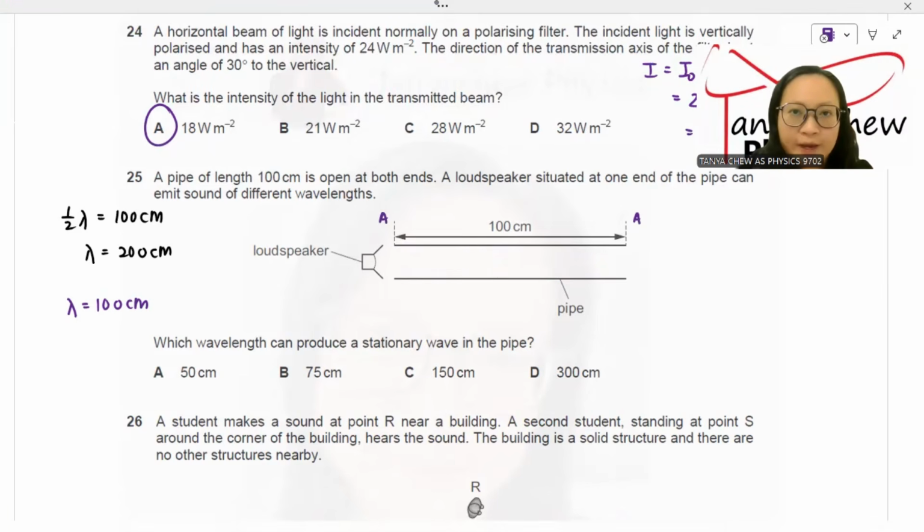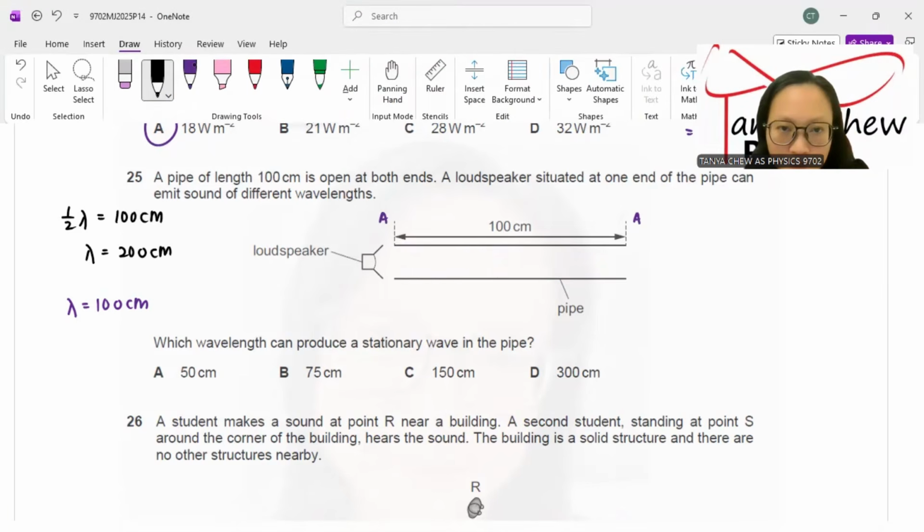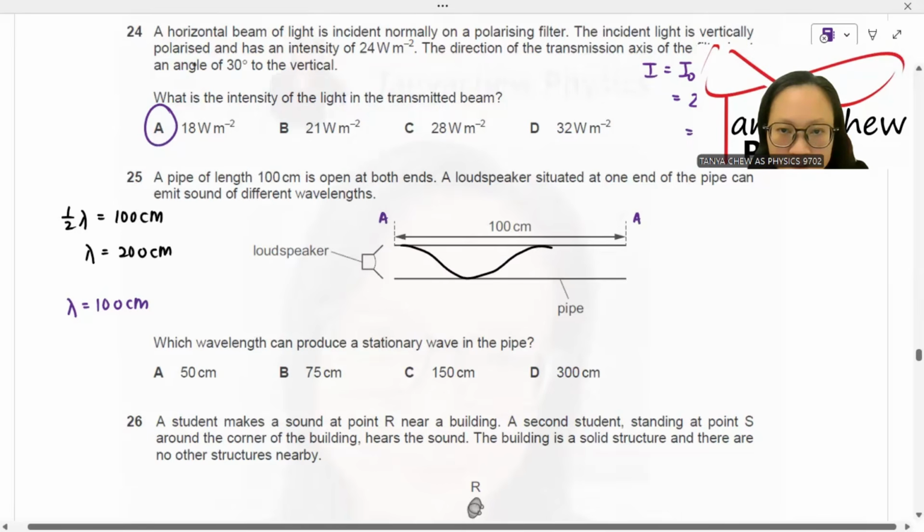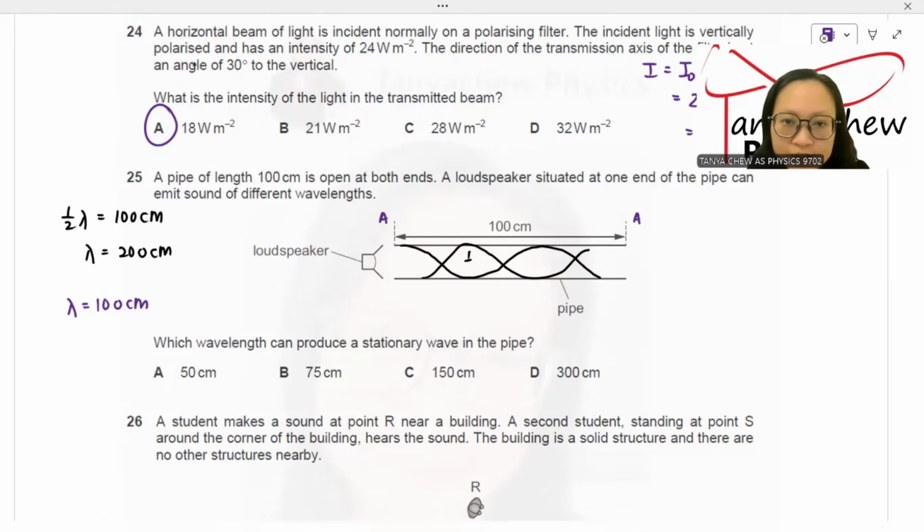The number of wavelengths inside the tube. So maybe the next one could be like this. I just try. So this is 1 over 2 lambda, 1 over 2 lambda, 1 over 4 lambda, 1 over 4 lambda. 1, 2, 3 over 2 lambda, because this is 1 over 2 is equal to 100 cm.